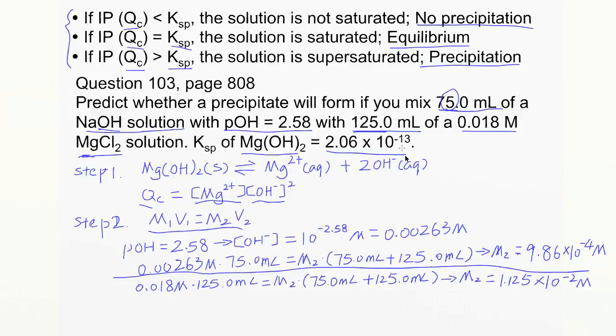Now, you know the concentration of hydroxide, and you know the concentration of the magnesium 2 plus. Step 3 is just to calculate the QC.